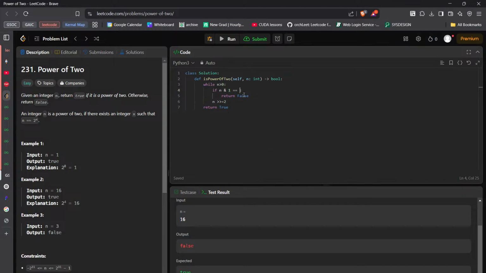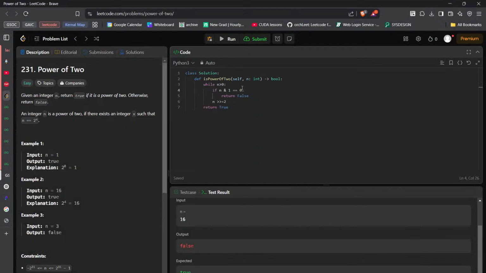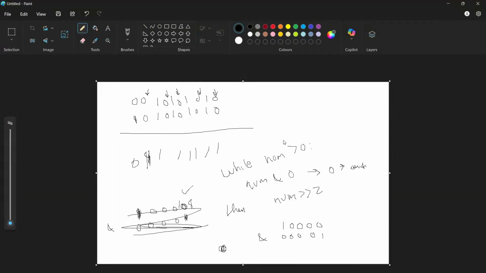Oh. If this is equal to 1. If this was 1, then this could have been 1, right? But this is 0. Now I'll right shift by 1, 2, so it will be 1 0 0. Again the answer will be 0.